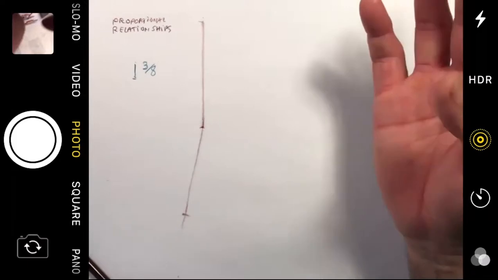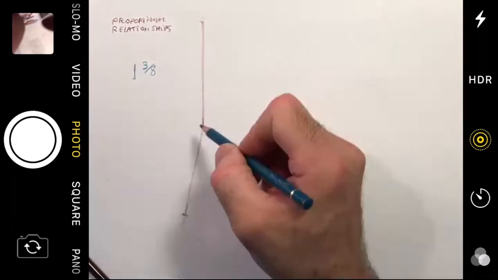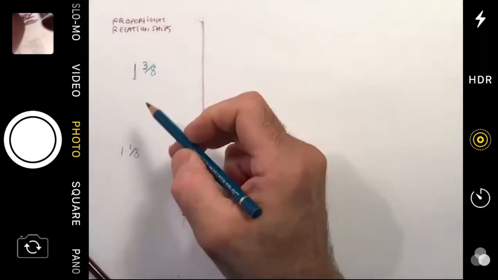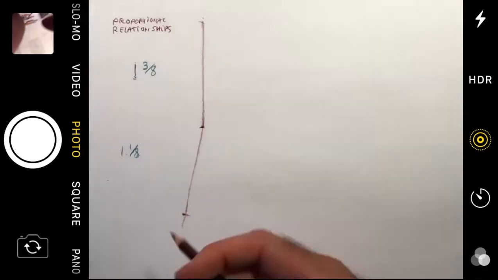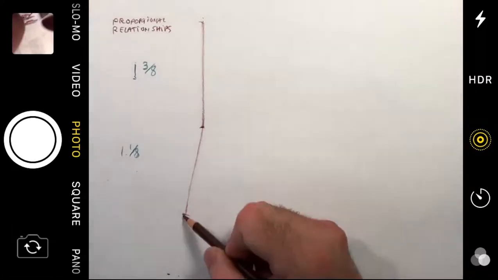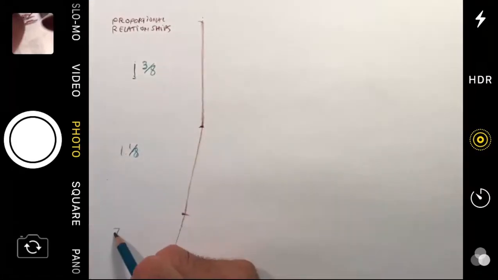That's going to be the measure of the head, right? So the forearm, the length of the forearm is 1 1/8, meaning 1 head plus 1/8 of a head. The hand is going to be 7/8 of 1 head.